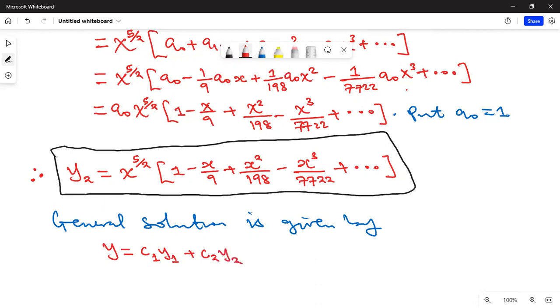C1 and C2 are arbitrary constants, so this is how to find the general solution of such kind of an ODE, where you are solving about a regular singular point. You know Y1, you know Y2, you can replace them. In place of Y1, you write what we found, and in place of Y2, you write what we found. And so that's the general solution, where C1 and C2 are arbitrary constants.